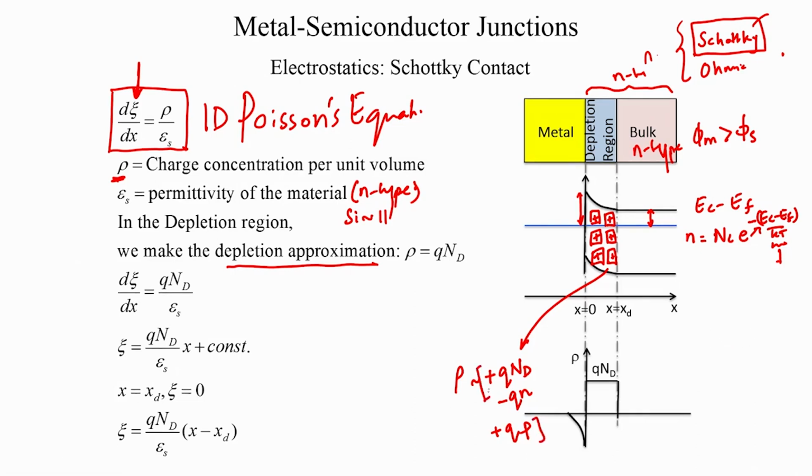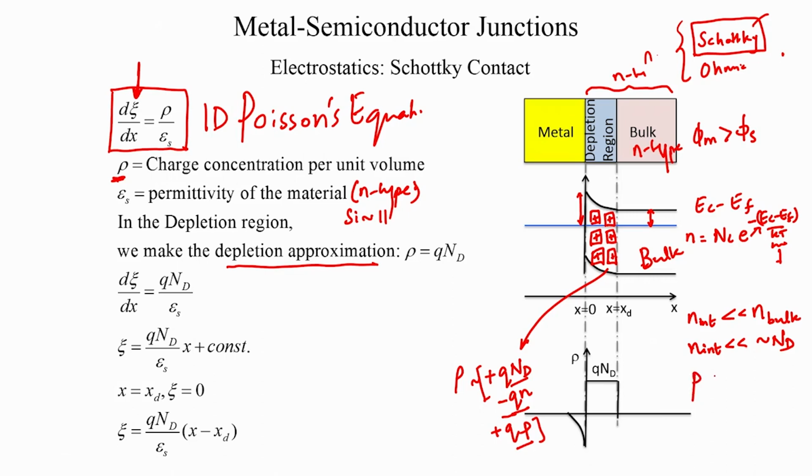You do have holes, you do have electrons, and you do have donor dopants, but the electron count at the interface is much smaller than the electron count in the bulk. We defined this region, which is very far from the junction, as the bulk, and the electron concentration of the bulk is approximately Nd, the ionized donor dopants. Therefore the interface electron count is much less than Nd, and that is why we said this region is depleted.